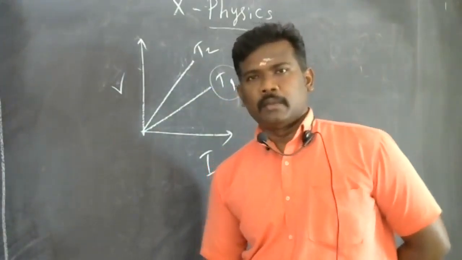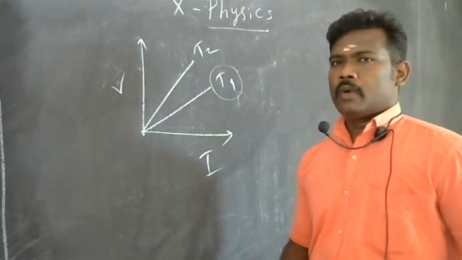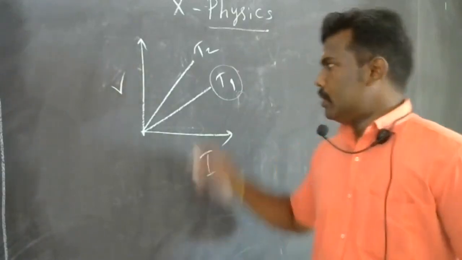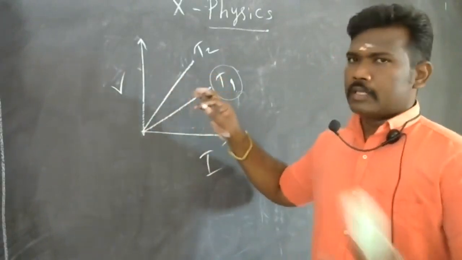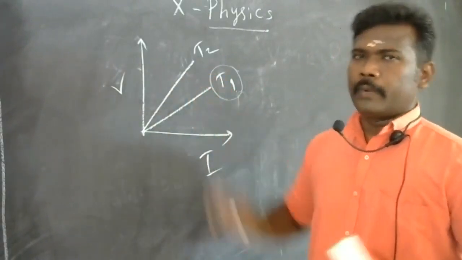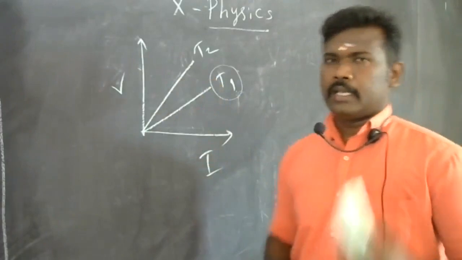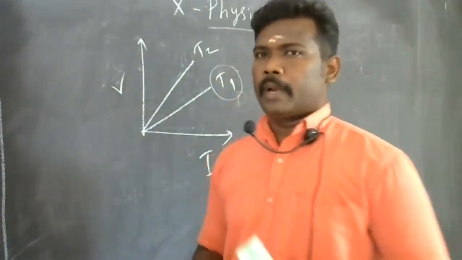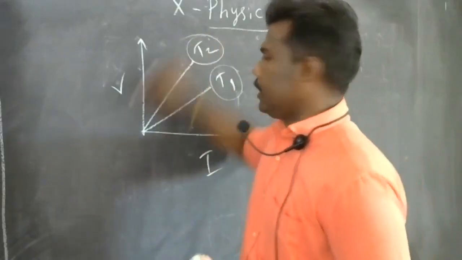T1 is the temperature of the material, and you are also applying a different temperature to the same material. So in the last case we discussed two different materials. Here we have a single material, but we draw the graph for two different temperatures, T1 and T2.